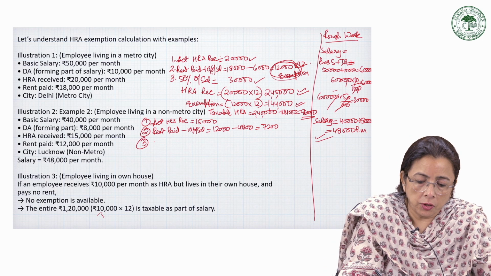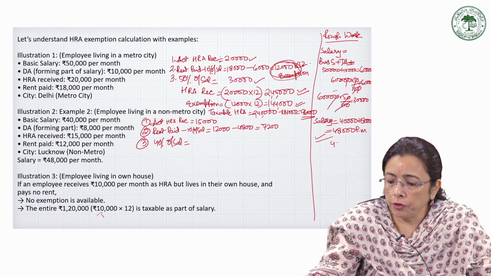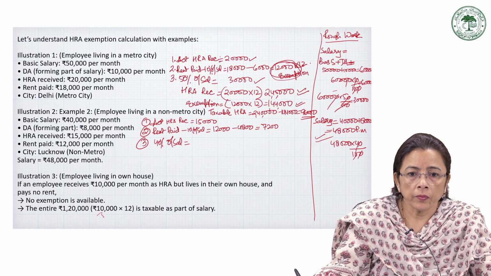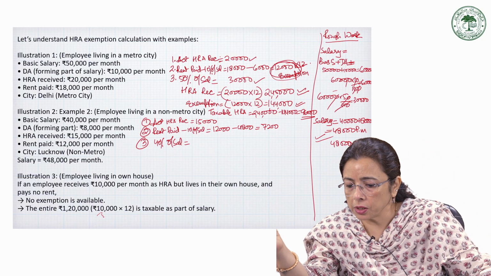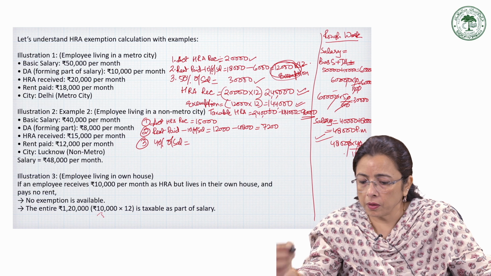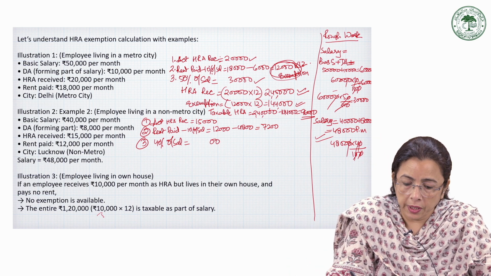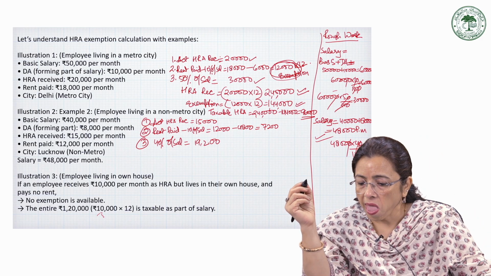Then the third is 40% of the salary. So 48,000 into 40%, 40% of salary will be 19,200.